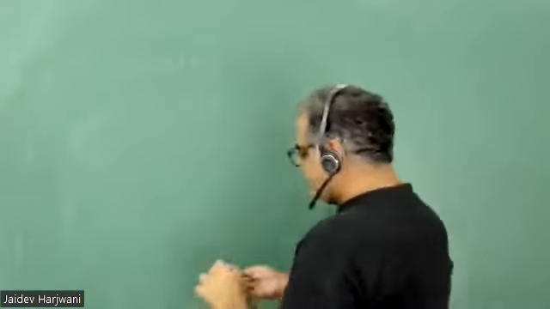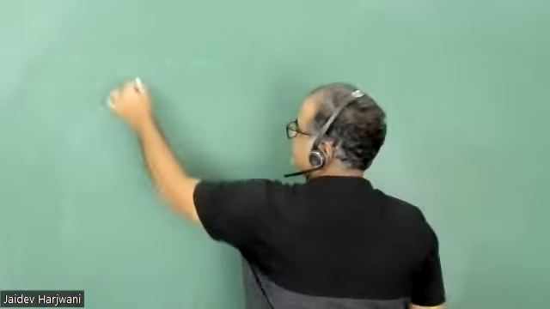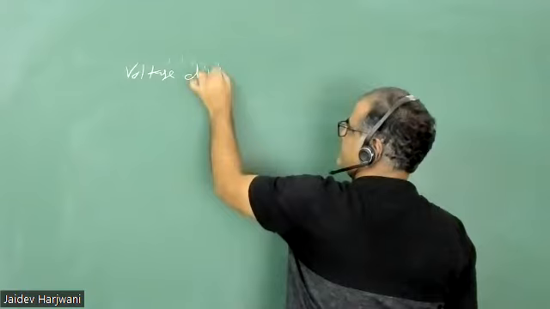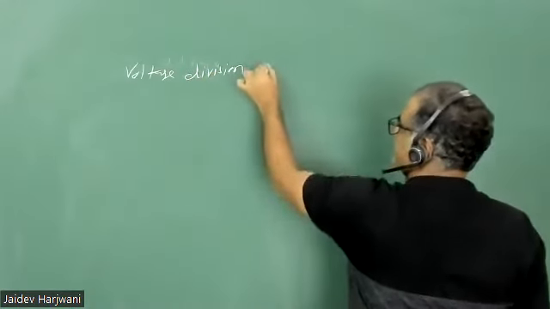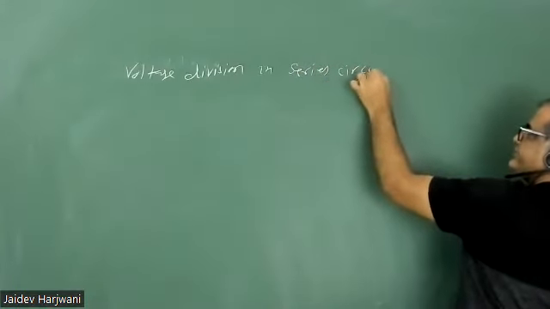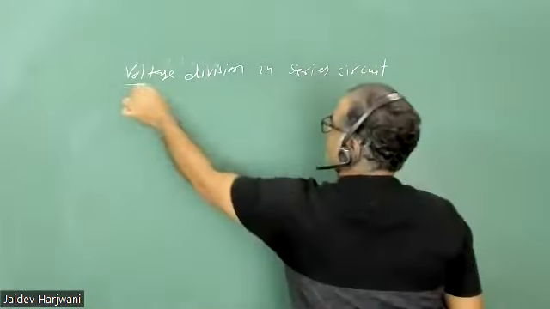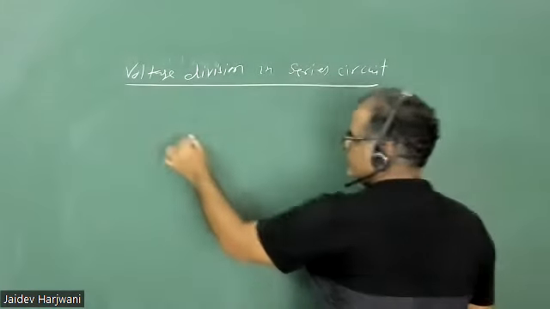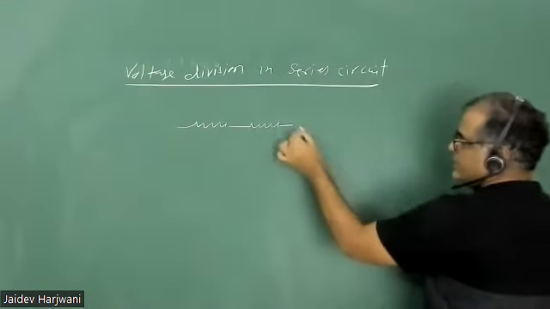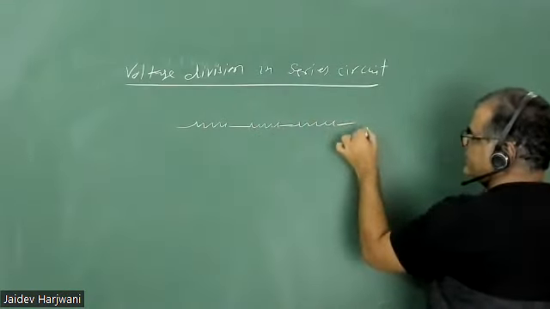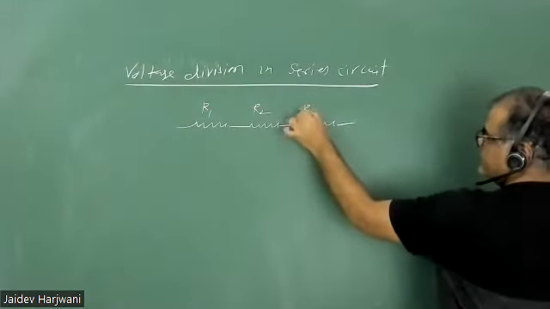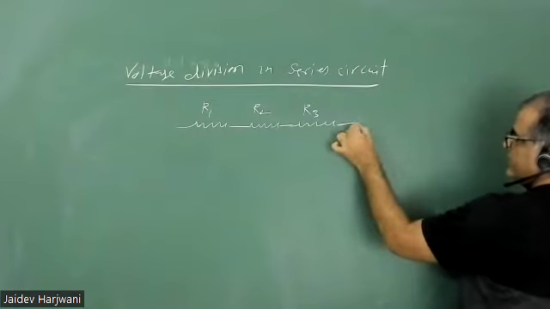So voltage division in series resistance. Okay, voltage division in series circuit. Okay, so we have say n number of resistors connected in series. Say this is my R1, this is my R2, this is my R3, okay, and so on.